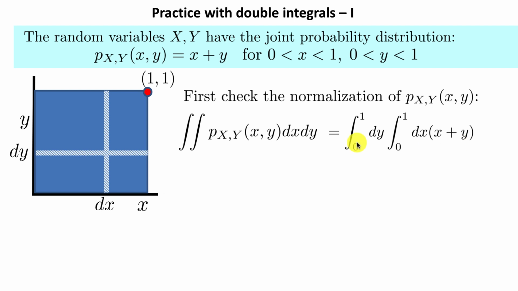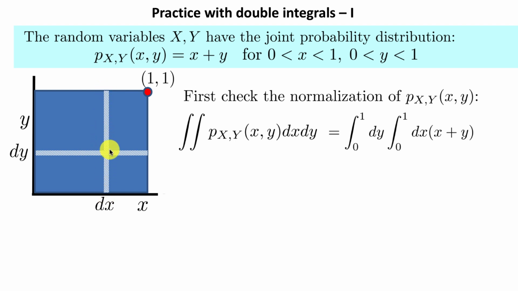In terms of pictures, dx is the thickness of this strip here, and dy is the thickness of this strip here. So this is at constant y, whereas this is at constant x.